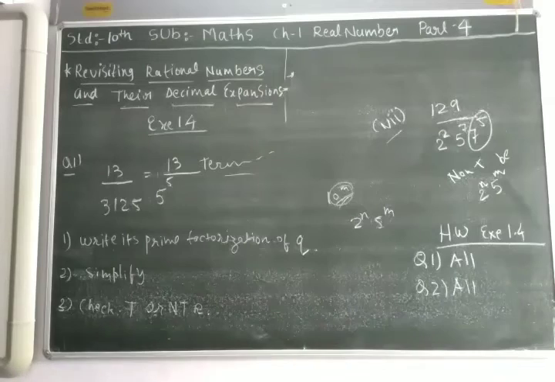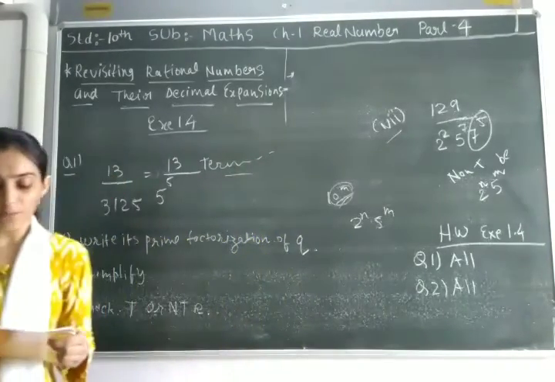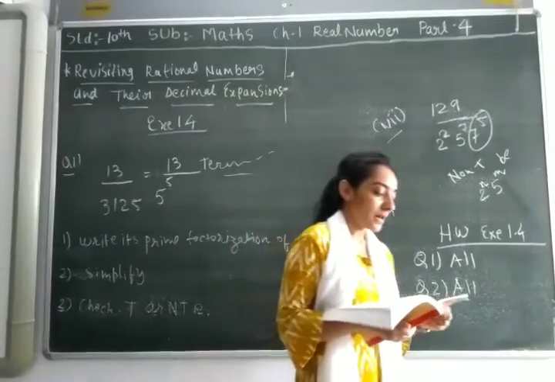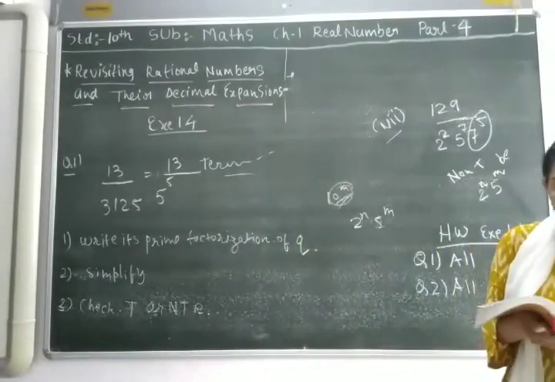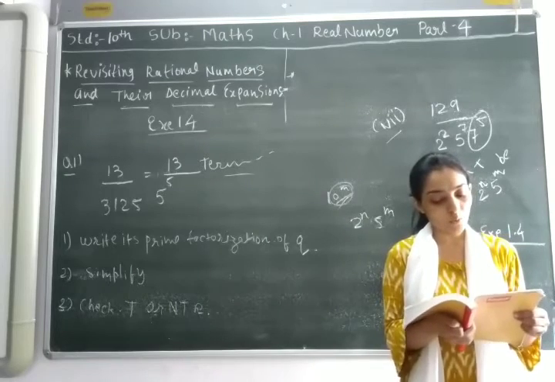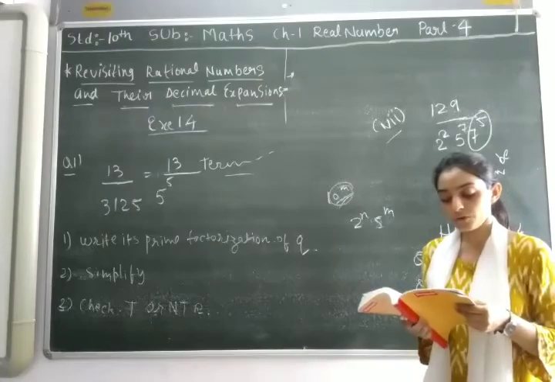Now question number 3. The following real numbers have decimal expansions as given below. In each case, decide whether they are rational or not. If they are rational and of the form p by q, what can you say about the prime factorization of q?